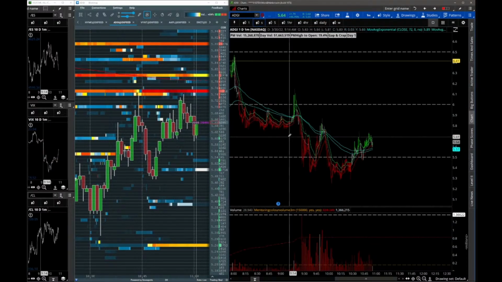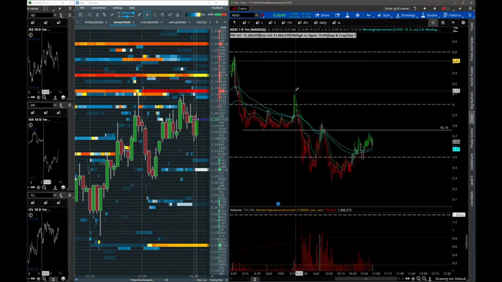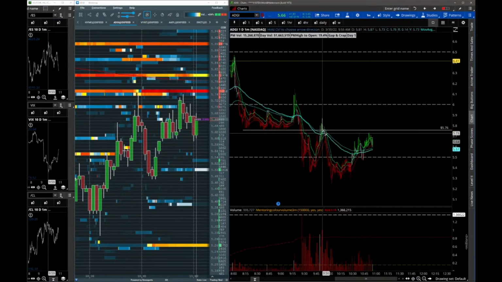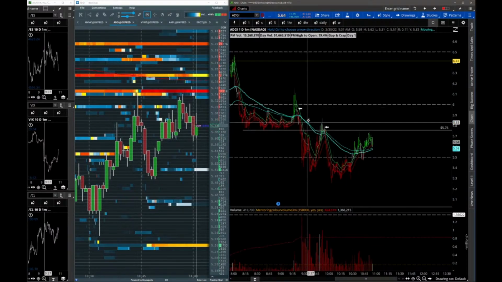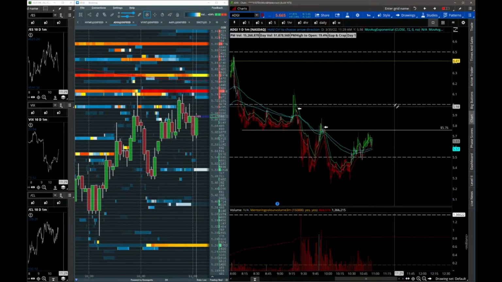What I'm looking at is a level over here, this $6 level where we had the previous high. I could have shorted over here multiple times. I simply didn't, basically because I was more on other stocks. Now I would like to see a little bit more push, like $5.80, $6, to add to my short.